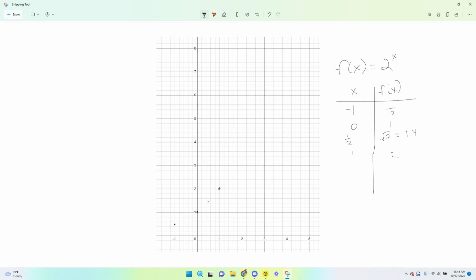Okay. If x is 3 over 2, f of x will be the square root of 2 cubed, or in other words, the square root of 8, which is approximately 2.4.